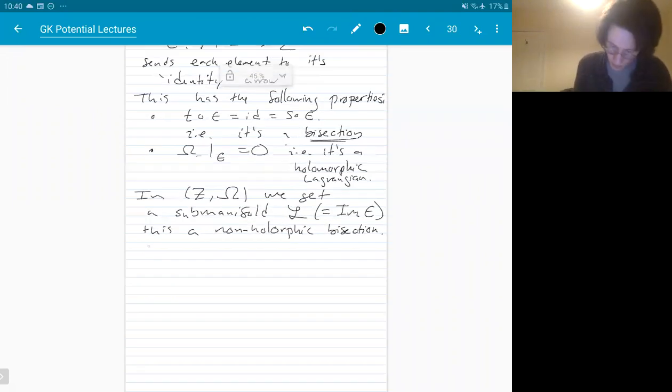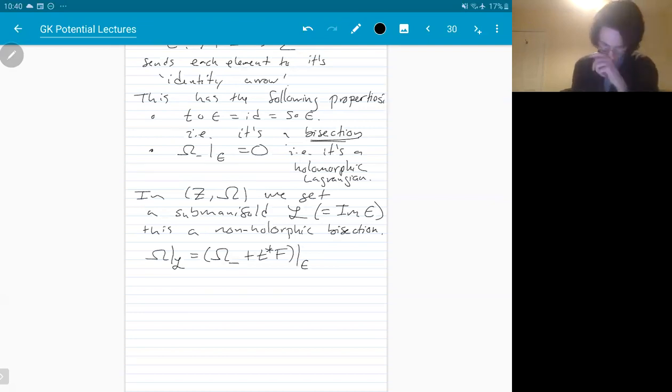But we can also consider what happens when we take omega and pull it back to L. If you remember how omega was constructed, it was omega minus plus the pullback under T of F. So that's the same thing as this thing restricted to epsilon. Now we can use some of these facts.